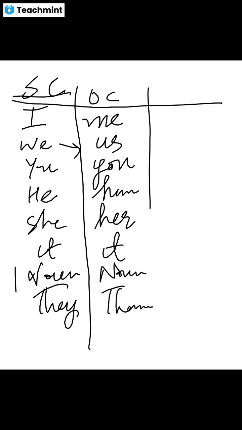These are all objective cases of these words: me, us, you, him, her, it, noun, them. I hope you got it. So then comes our possessive cases. Before I tell you what the possessive cases of these words are, let's understand what a possessive case is.